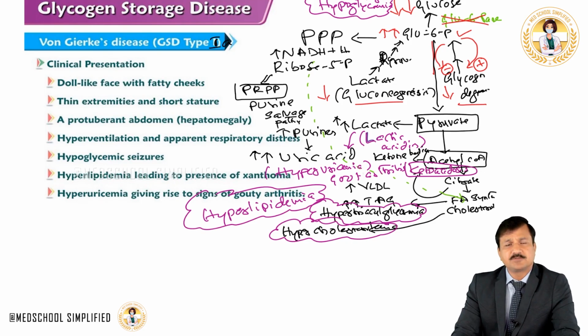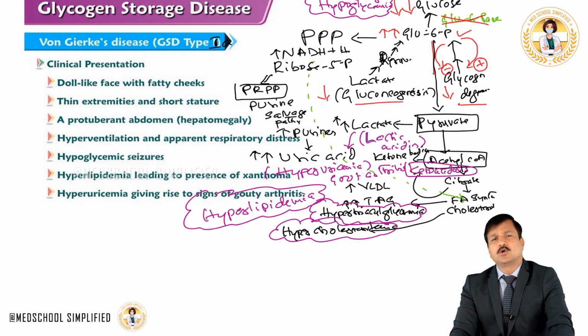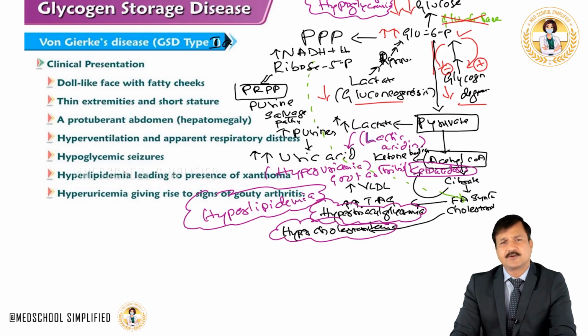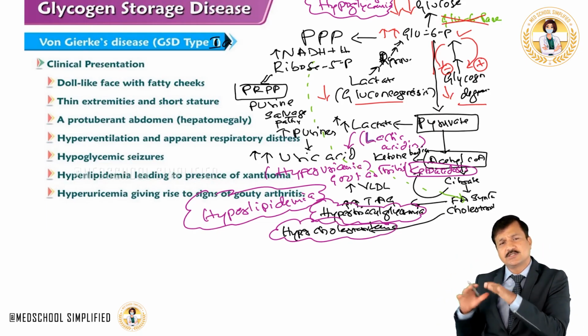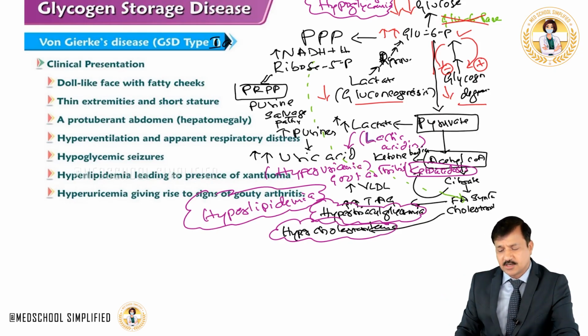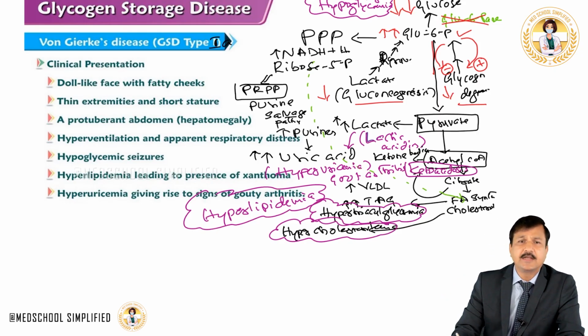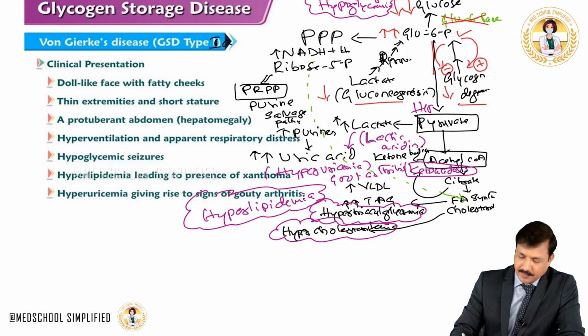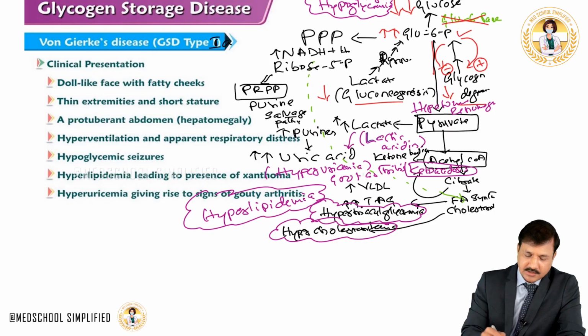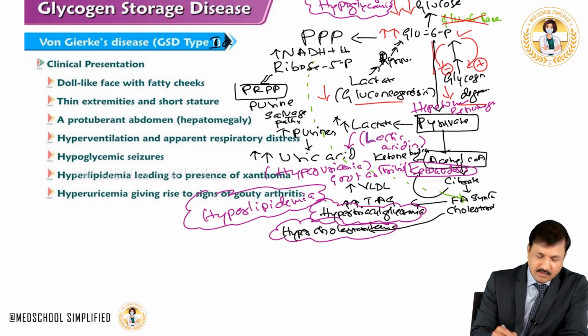Because elevated glucose 6-phosphate has an allosteric effect on glycogen metabolism, as we have already seen in the regulation of glycogen metabolism: positive effect on glycogen synthase, negative effect on glycogen phosphorylase. So overall glycogen degradation is decreased, glycogen synthesis is increased, leading to accumulation of glycogen in the liver and in the kidney. That's why patients will show hepatomegaly and renomegaly. So these are other signs that are seen with MAJ disease.